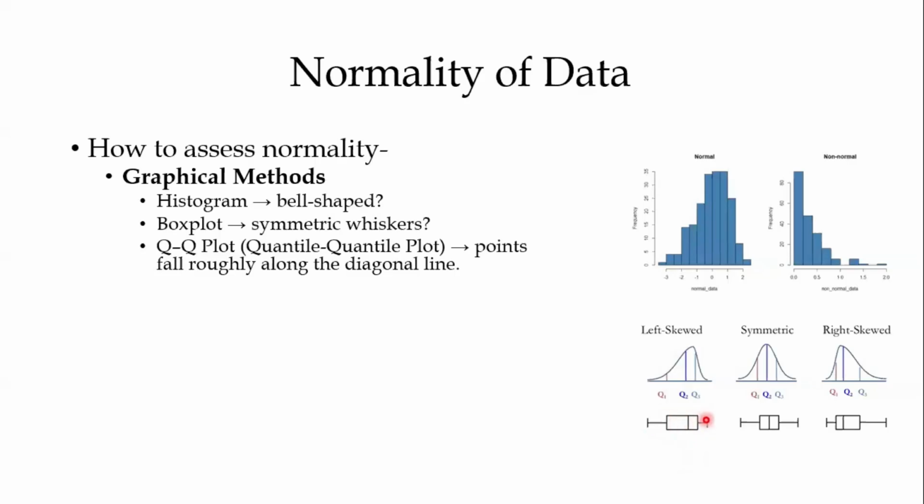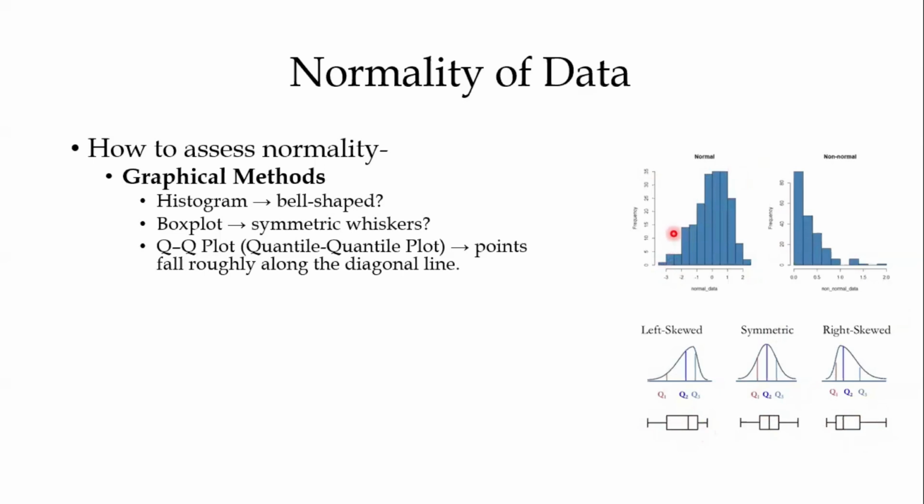And the ends of this will be the range of the data from the smallest to the highest. Usually if the data is normally distributed, you expect to have this middle line halfway between these two interquartile range lines, and you also expect the outliers to be symmetrically distributed. So if you end up with such a bar or the other one here, then that data may not be normally distributed.